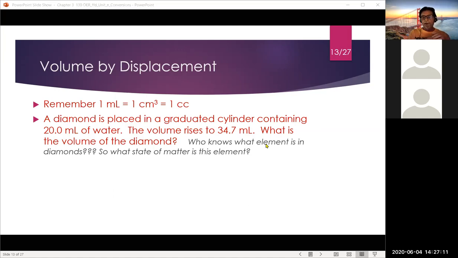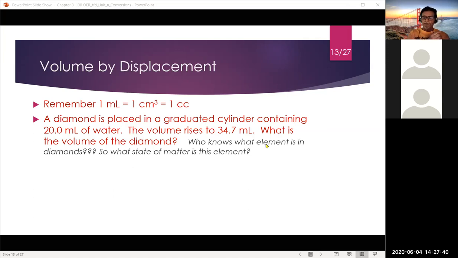Keep that in mind if you do the extra credit, because in there you are immersing blocks, and you want to immerse those blocks completely, because you want to get a volume. And what you're looking at is the difference of volume of where it started and where it ended. So for example, here we took a diamond, we put it into a cylinder containing water.